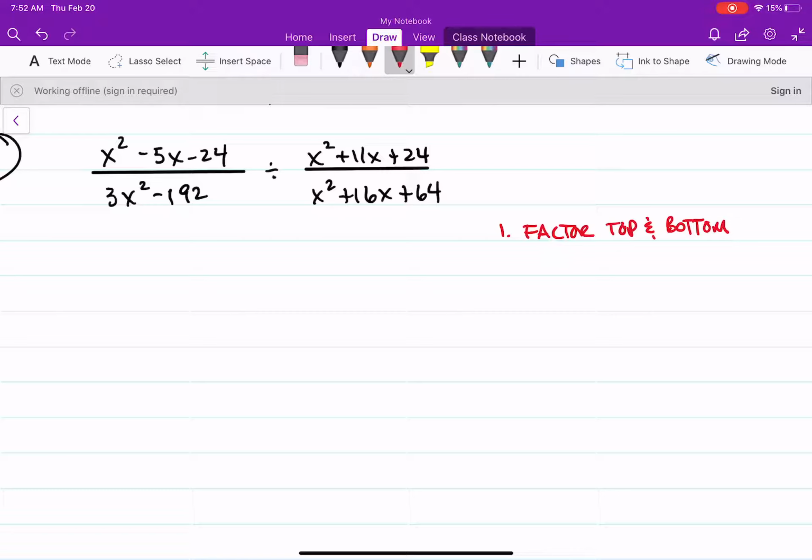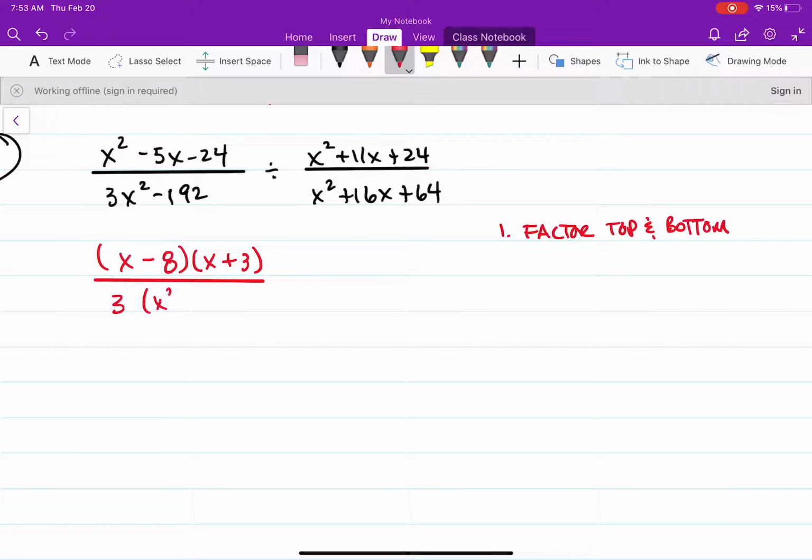So if we do the AC method, you're going to get x plus 8 and x, it's going to be x minus 8 and x plus 3. The bottom has a GCF of 3.